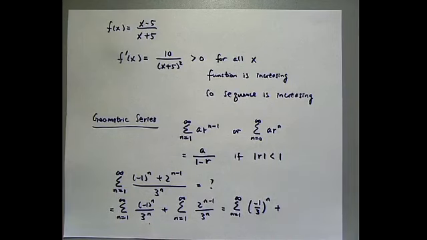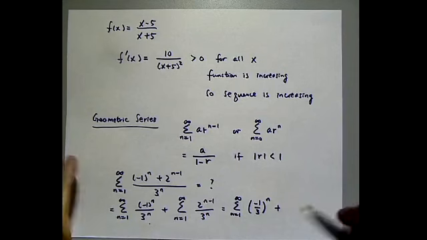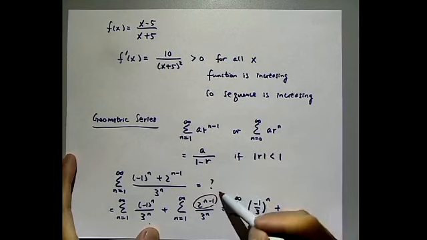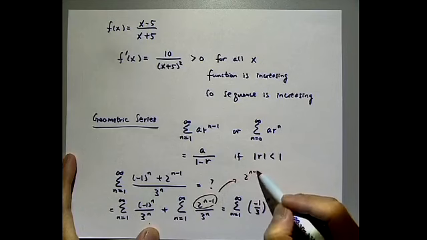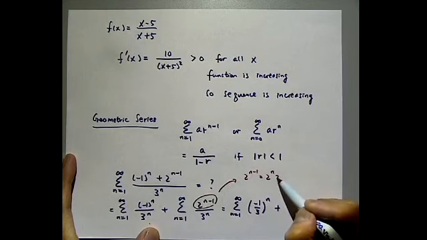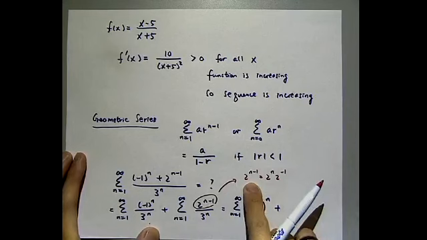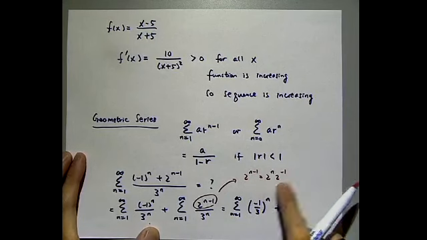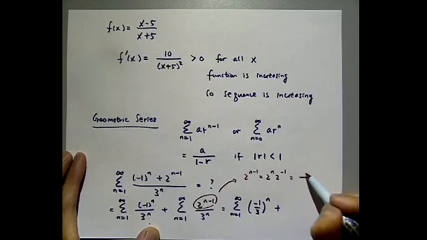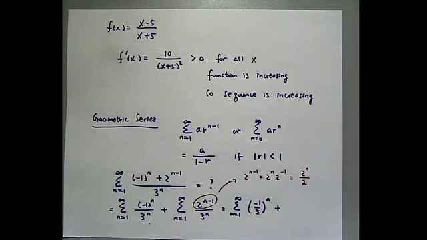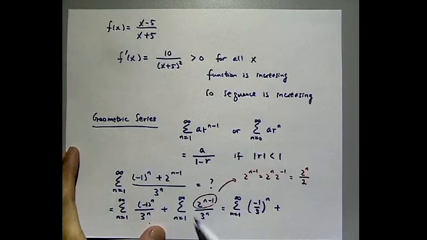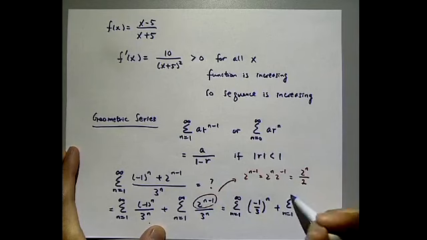The second one here, write 2^(n-1) as 2^n times 2^(-1). And that's equivalent to 2^n over 2. Now in the second group here, then we have 1/2, right, from my over 2.